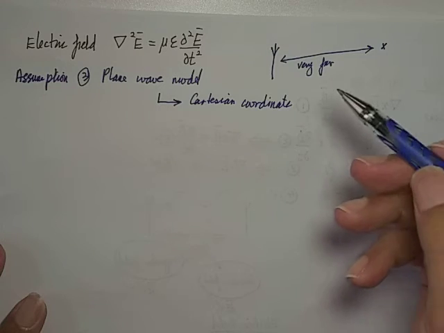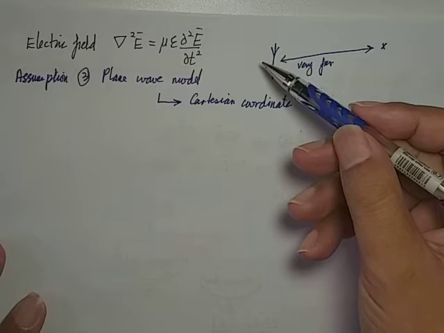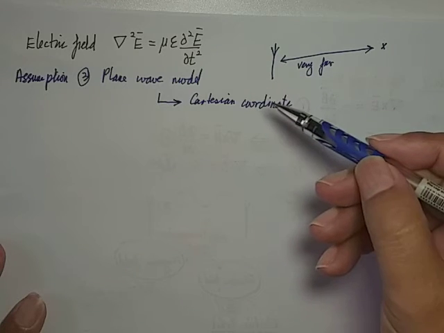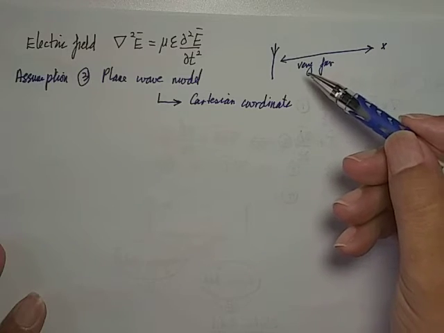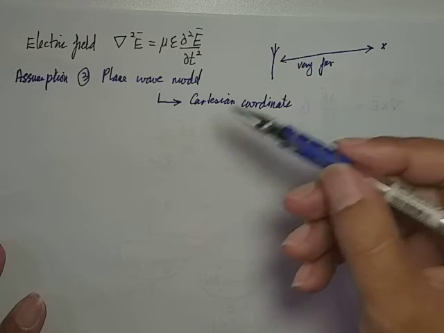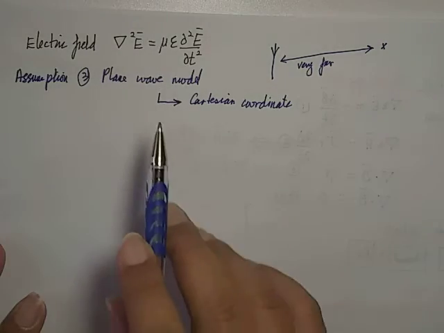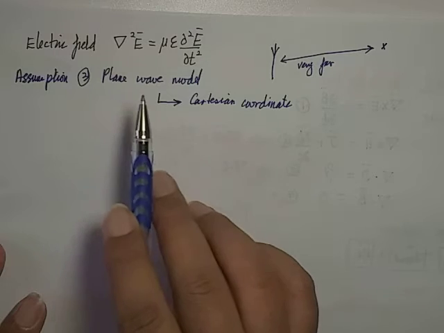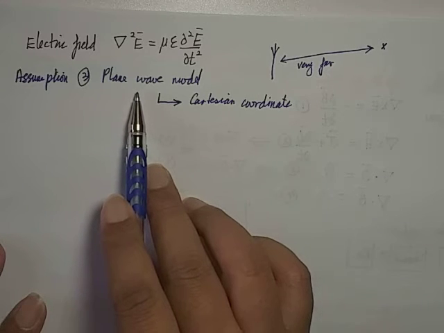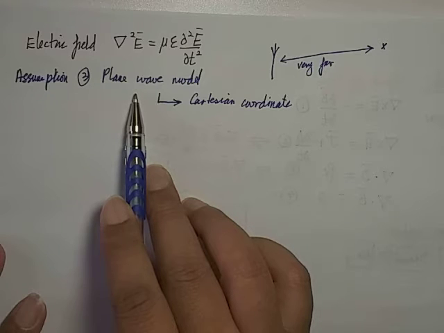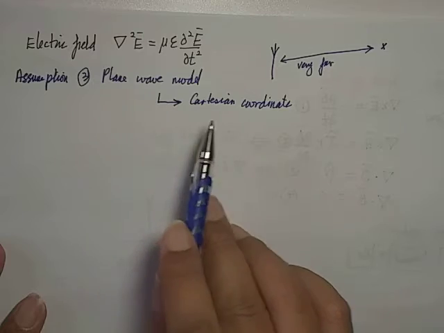If you analyze in terms of cylindrical or spherical coordinates, for most of us that are not familiar with that type of model, the analysis is going to be a bit cumbersome. So in order to make it simple, since this is your first step in modeling waves, I'm going to assume the wave that we're going to model is known as a plane wave. So by default, the coordinate that we're going to use in this model is the Cartesian coordinate.